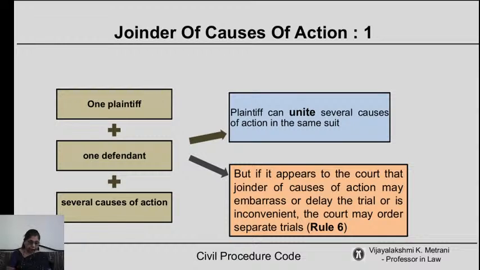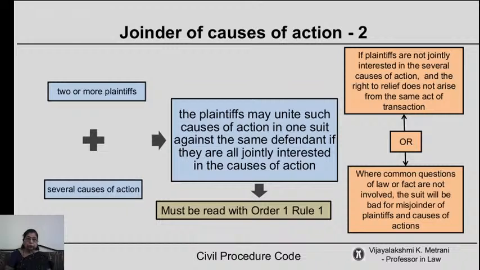That is first situation. So the second situation, there are two or more plaintiffs and there are several causes of action. Only one defendant, two or more plaintiffs, several causes of action. Then what can he do is, the plaintiffs together, see here the order 1 rule 1 comes in.